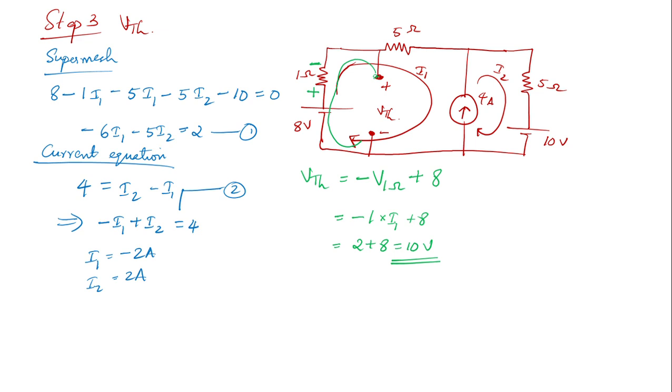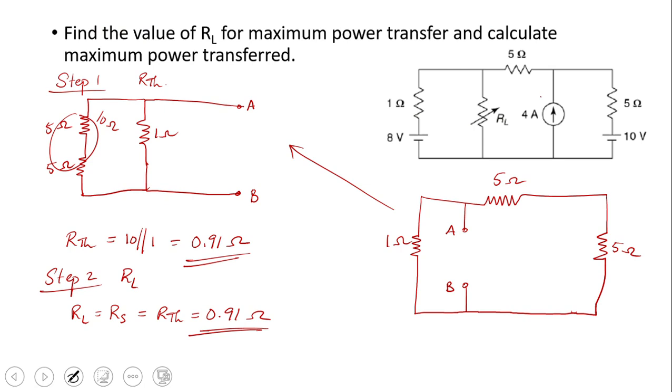Finally, our next step will be to draw the Thevenin's equivalent circuit and find out the amount of power dissipated in the circuit. So I've got VTH is equal to 10 and RL is equal to 0.91. RTH is also equal to 0.91. So I'm going to write the last step.